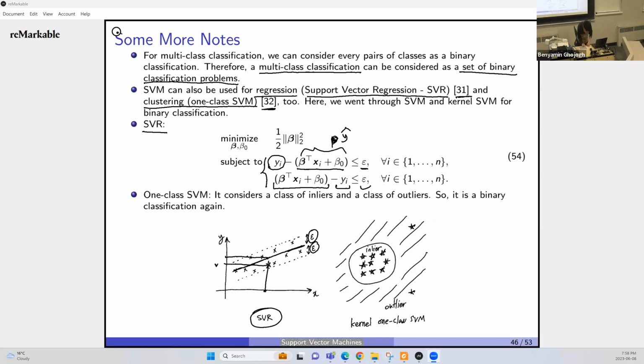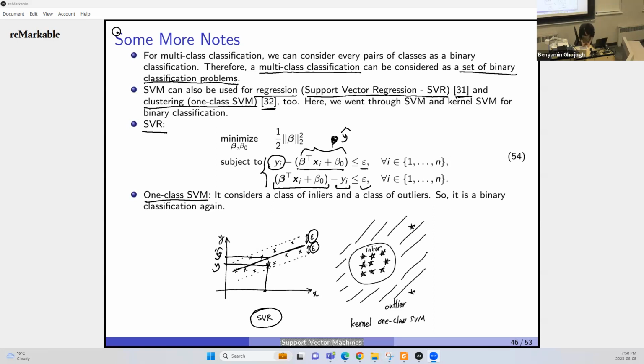This is y, but you predict it to be here, defined by the line, which is y hat. You want this distance of y and y hat to be smaller than epsilon. Okay? And as you see, its formulation is very similar to SVM. Hence, its name is SVM. Okay, I think, as far as I remember, it's proposed by Tibshirani et al. at Stanford. Okay, as far as I remember.